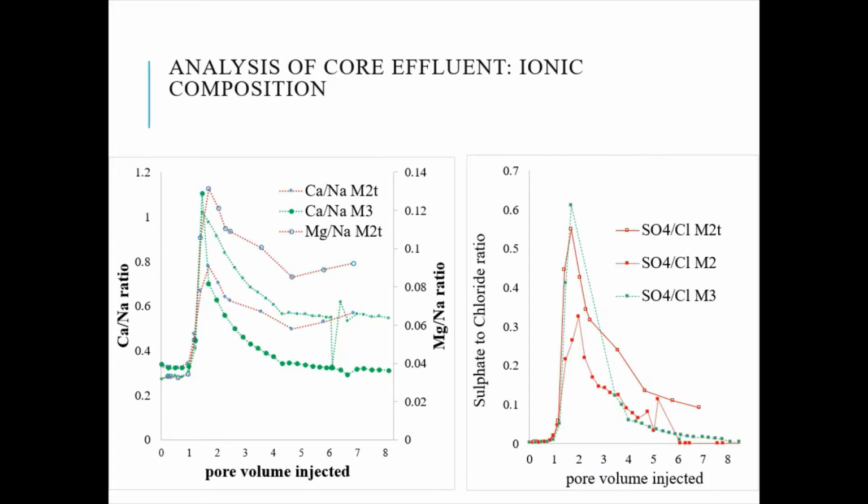Because the low salinity water is a dilution of the high salinity water, the ratio in the injection water is the same for both brines, although the total salinities are different.